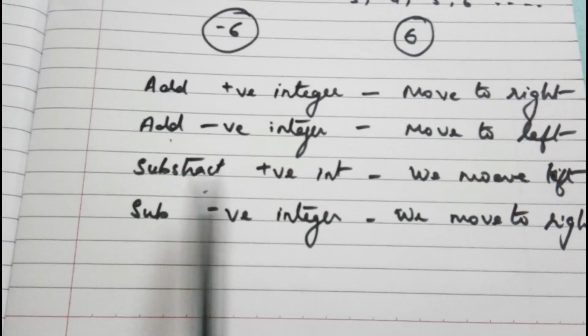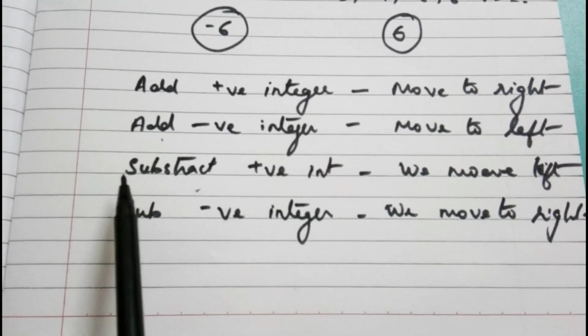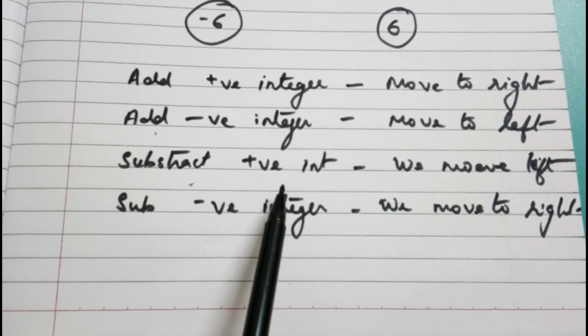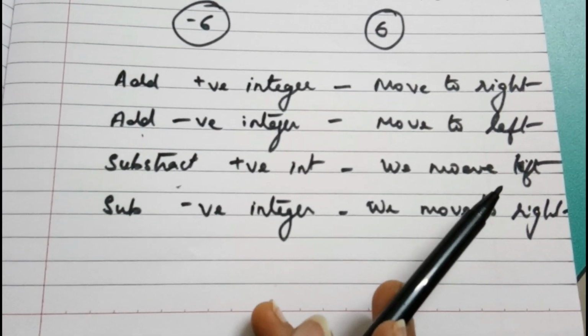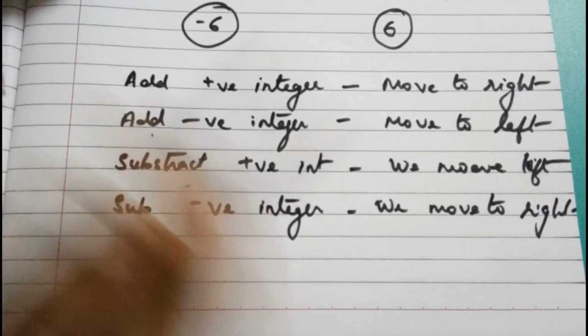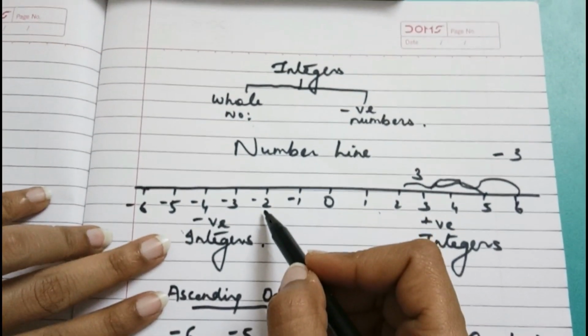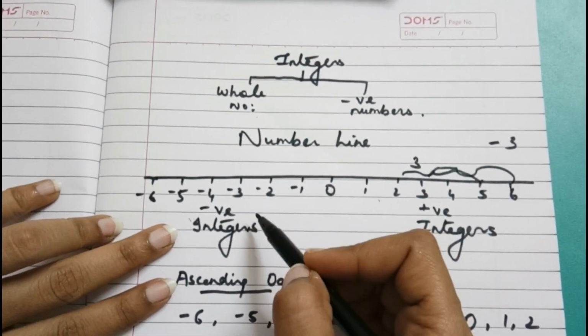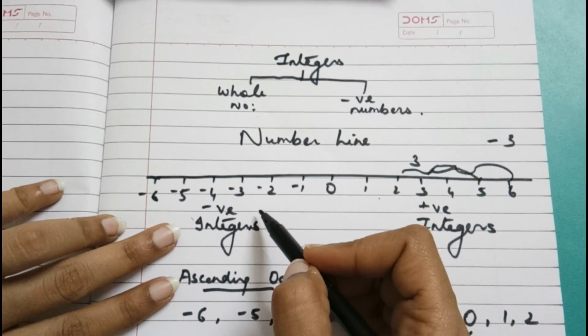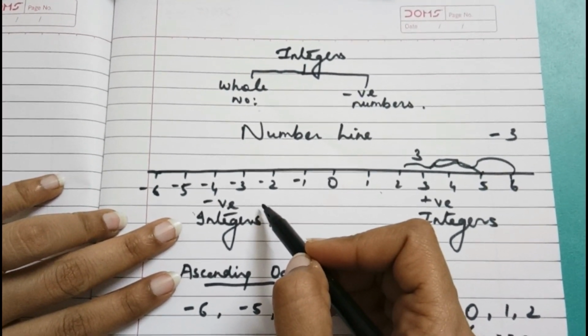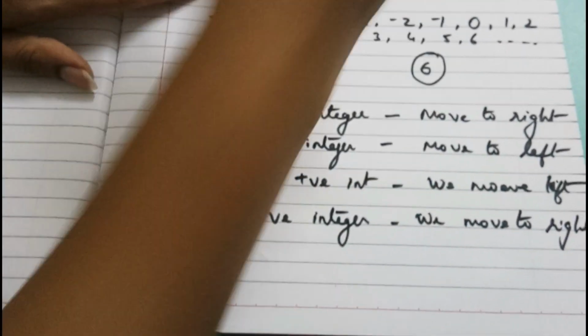In subtraction, when we subtract a positive integer, we move towards left. Say for example, today the temperature was 2 degrees, but then it dropped down by 3 degrees. So what will happen? Here we have to subtract a positive integer.